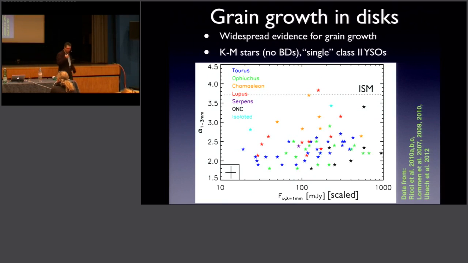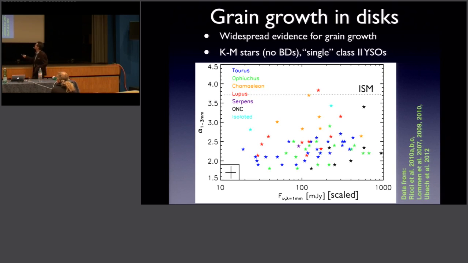If you then assume that you have solved all these problems, or at least you bear them in mind, then with photometry at different wavelengths, you can plot your disks onto this graph, okay? This is a compilation from several measurements in several different star-forming regions of the flux, say, at 1 millimeter, scaled for the different distances, because these have different distances, and the spectral index between 1 and 3 millimeters, so roughly speaking at millimeter wavelengths.